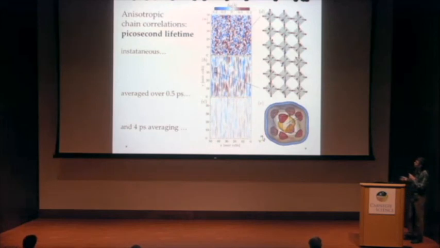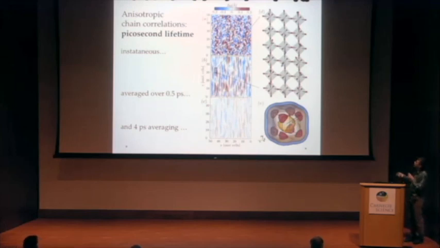The calculation was done in a 50 times 50 times 50 box. We can make a cut through the simulation box, and each dot here, one of the 50 times 50, corresponds to one perovskite unit cell.